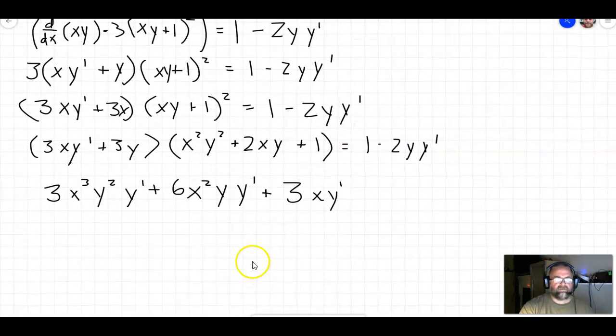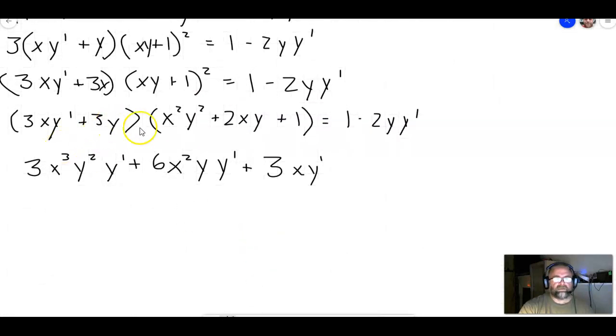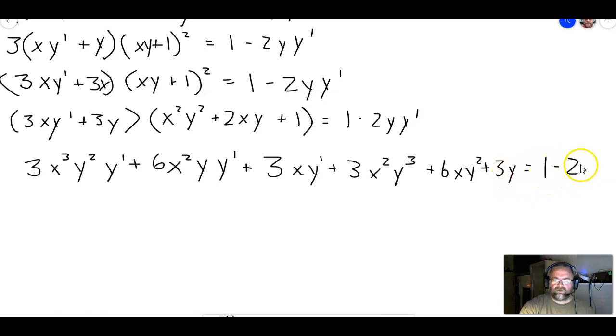I'm totally going to run out of room here. So plus 3x squared y cubed, and that times that, plus 6xy squared, and then finally plus 3y is equal to 1 minus 2y y prime. It almost looks like differential equations, doesn't it?